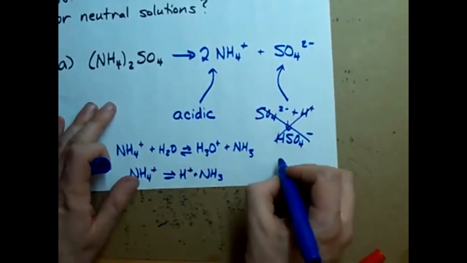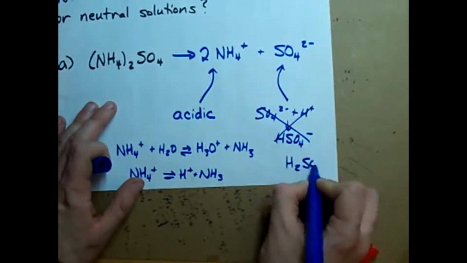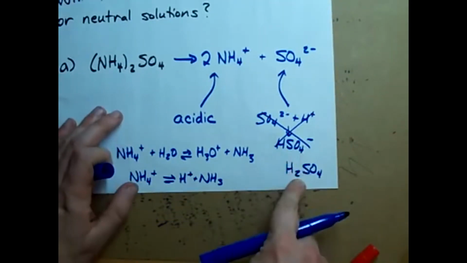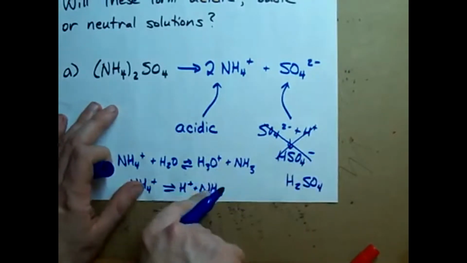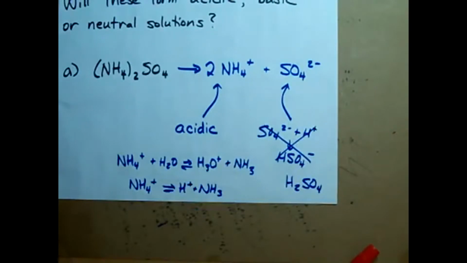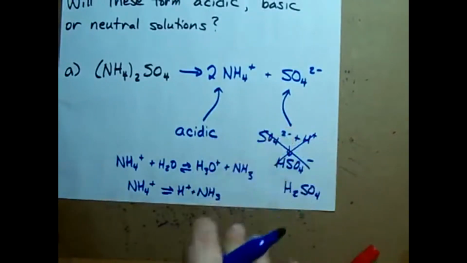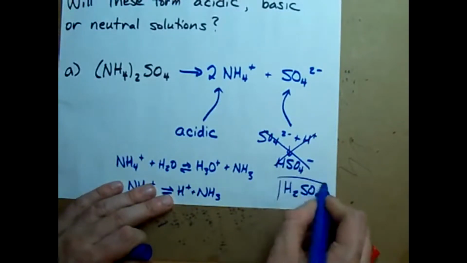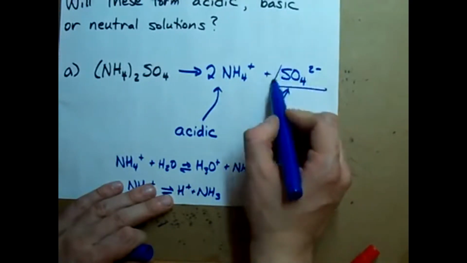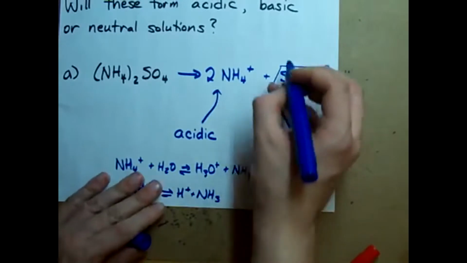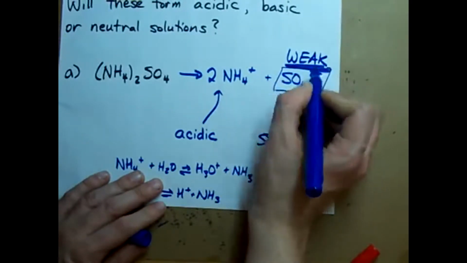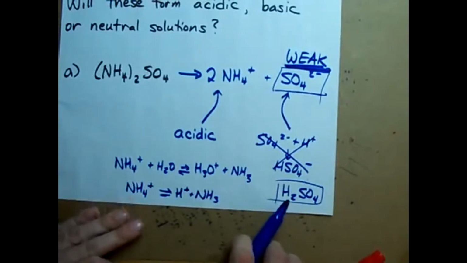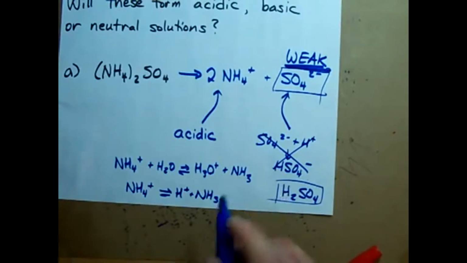In fact, H2SO4 is a strong acid. That first proton comes off 100%. The second proton comes off almost 100%. This is a strong acid, and this is its conjugate base. It is a weak conjugate base, though, because it's the conjugate of a really, really strong acid.